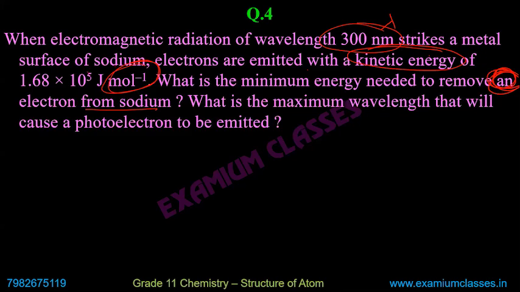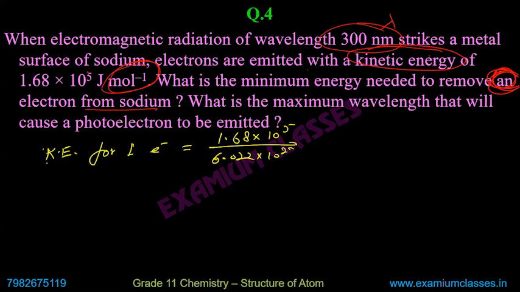So you will first convert the kinetic energy for 1 electron. Kinetic energy for 1 electron will be 1.68 into 10 to the power 5 divided by 6.022 into 10 to the power 23 joules per atom.